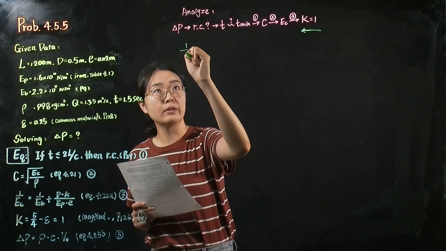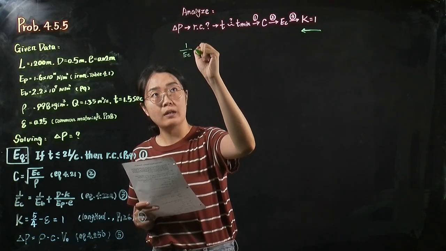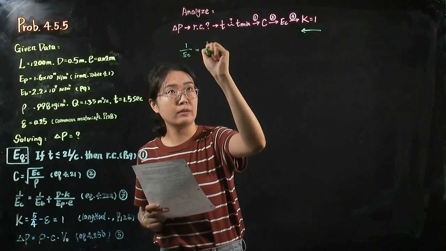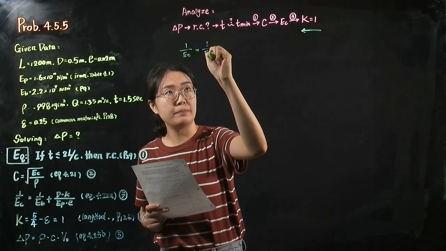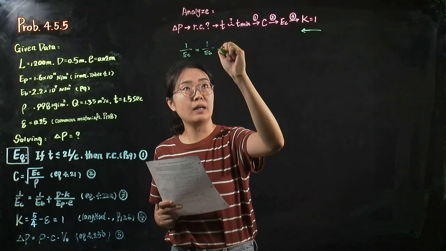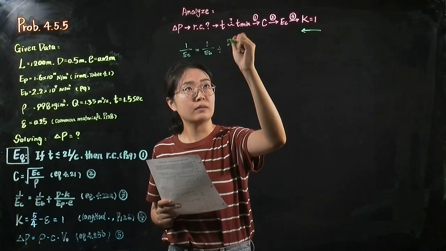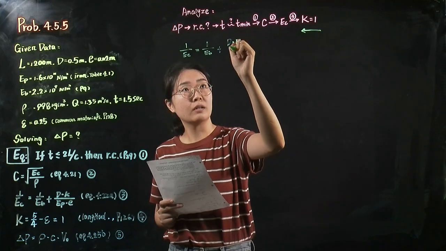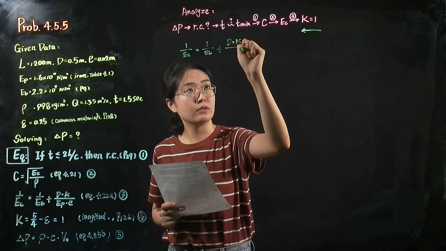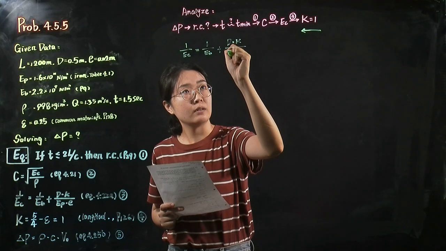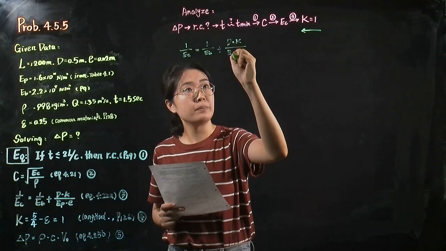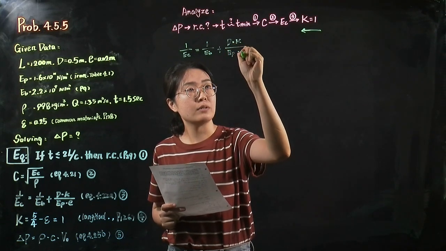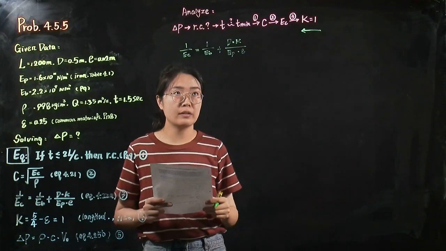1 over E sub C equals 1 over E sub W plus the diameter times the constant K over E sub P times the thickness e.